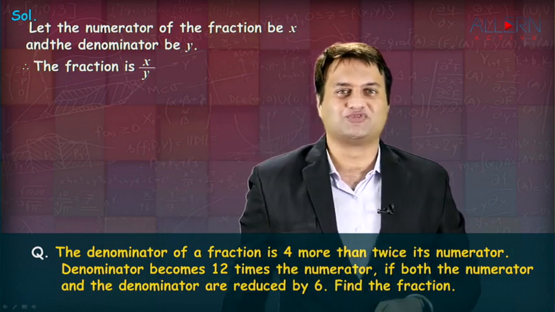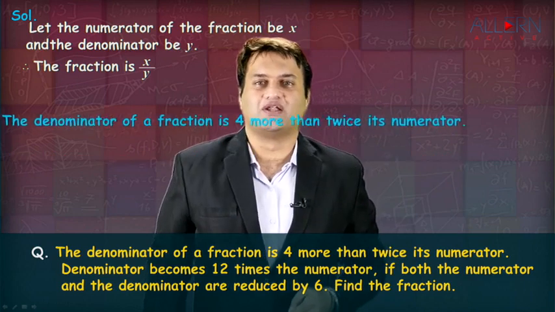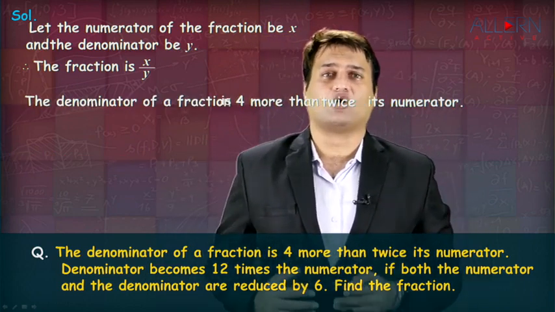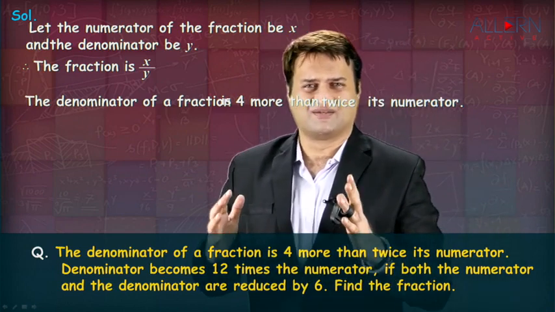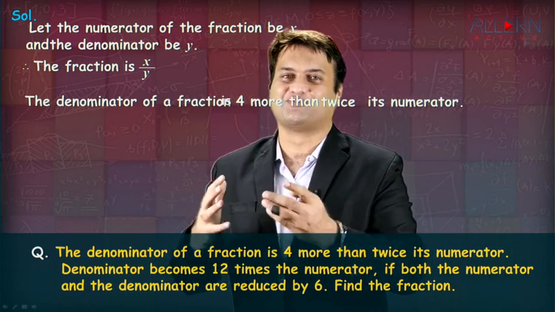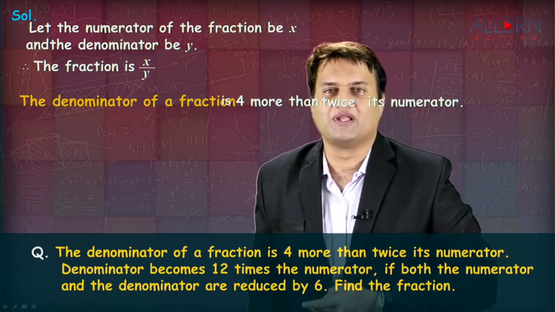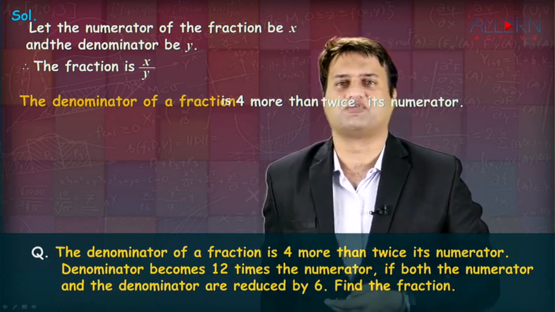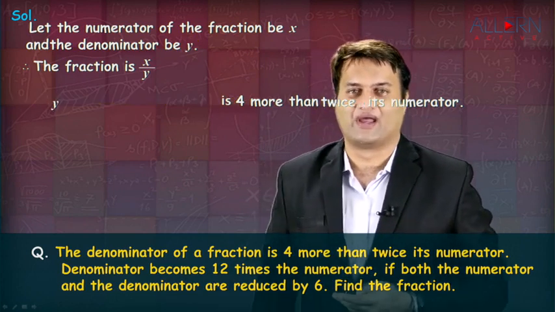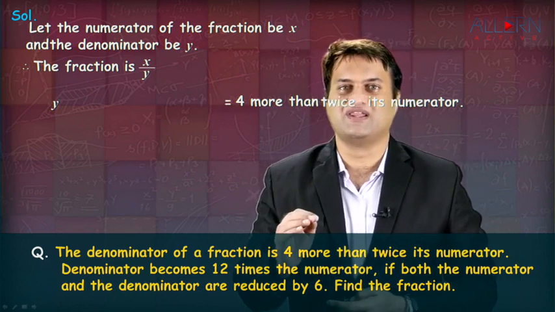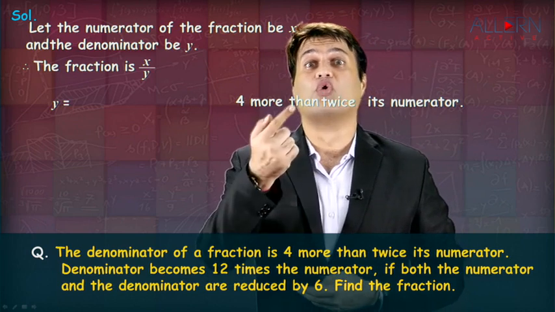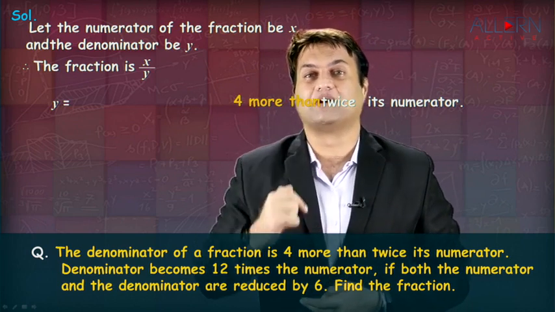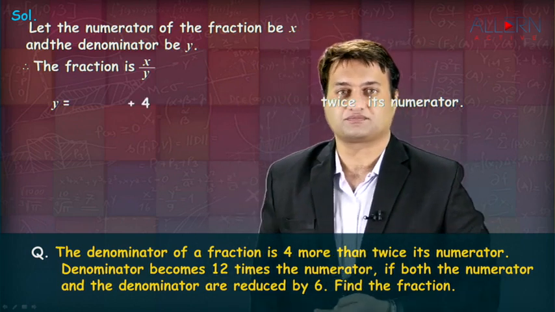So, let us do it now. Let us form the equations. The first condition is the denominator of a fraction is 4 more than twice the numerator. Let's go step by step, use our rules and form the equation. Denominator of the fraction is y. So, y is equal to 4 more than, plus 4.